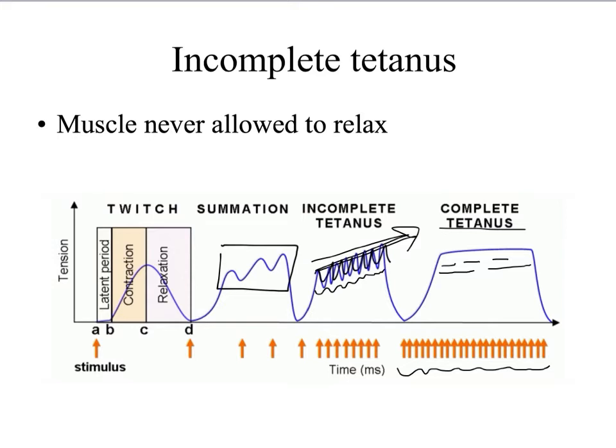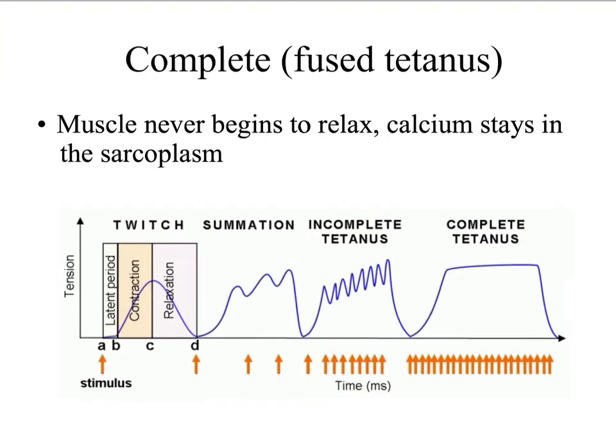So what's happening here is the calcium is simply staying inside the sarcoplasm, and it's continuing to keep on cycling those cross bridges. Again, this is not going to be a sustainable amount of tension that you're producing. So during your complete tetanus, pretty much what's happening here is all the cross bridges that can be formed are forming.